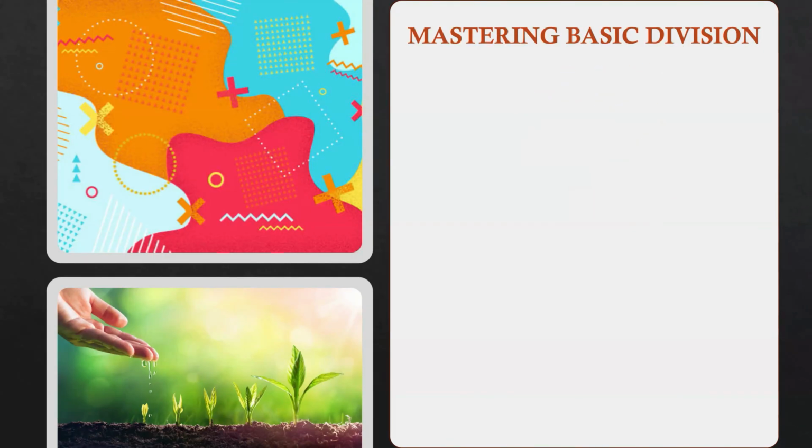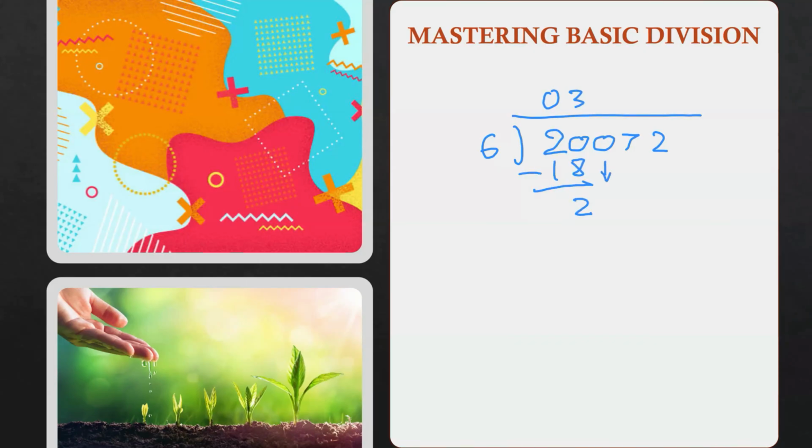Okay, so now we have 2007, 2. Now we want to divide it by, let's say, 6. Now 6 going into 2, we can't do it. We put a 0 in. Now 6 going into 20, 3 times 6 is 18. We subtract, we have 2 left over. Now the 0 comes down, we have 3 times again, 3 times 6 is 18, we subtract, we get 2.